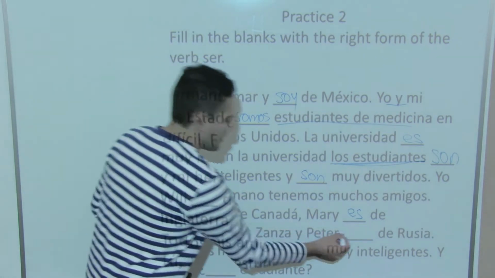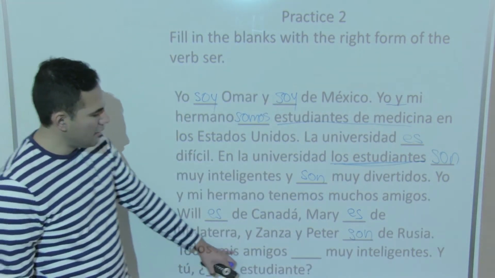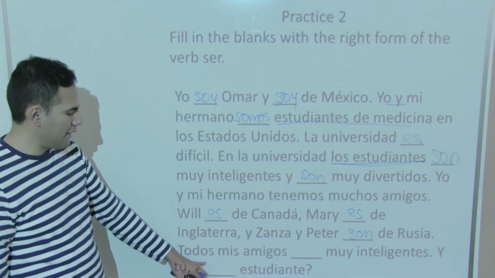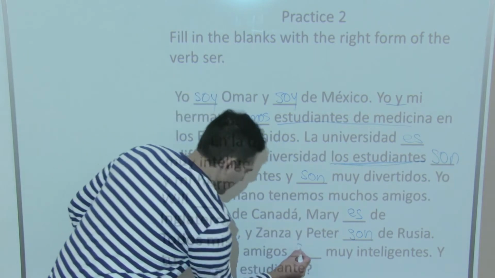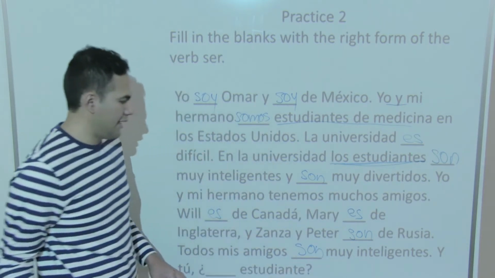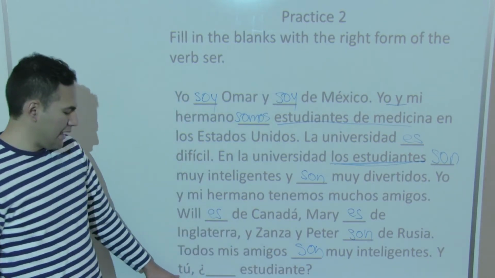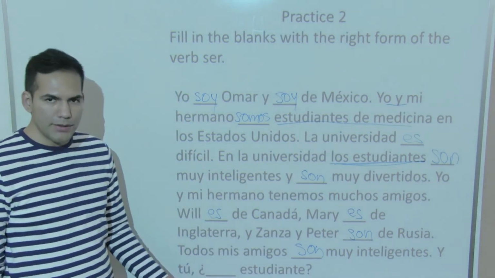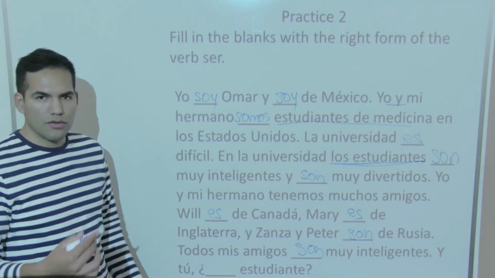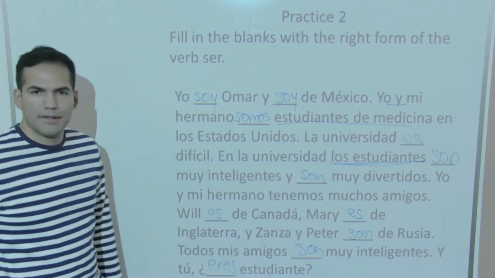So Sansa y Peter son de Rusia. Todos mis amigos, we're describing the friends. So we need the plural. Son muy inteligentes. Y tú, estudiantes. So Omar is asking you a question, are you a student? So we're going to use the tú form. ¿Y tú eres estudiante?